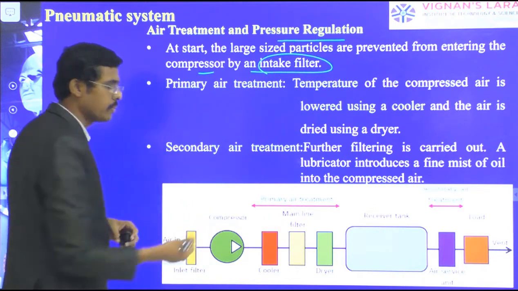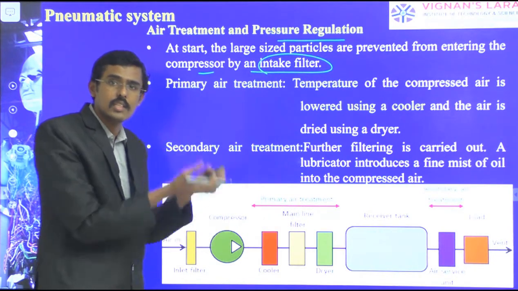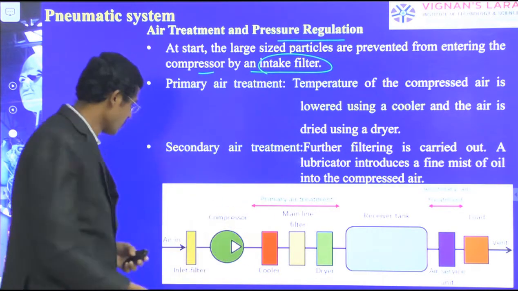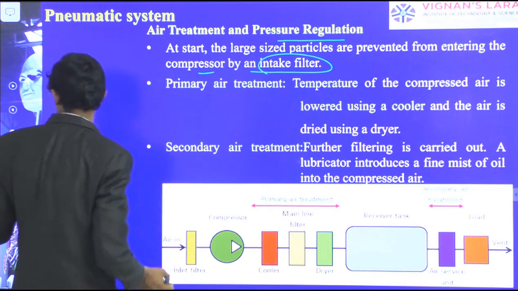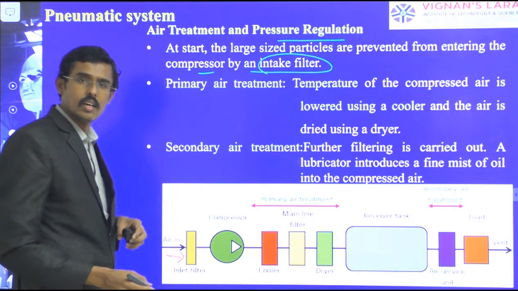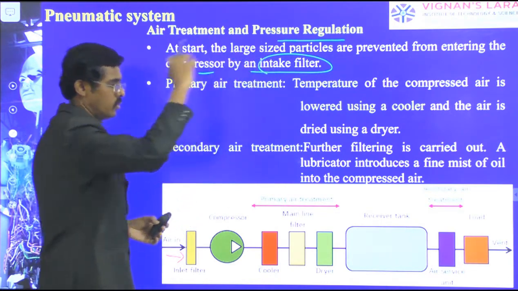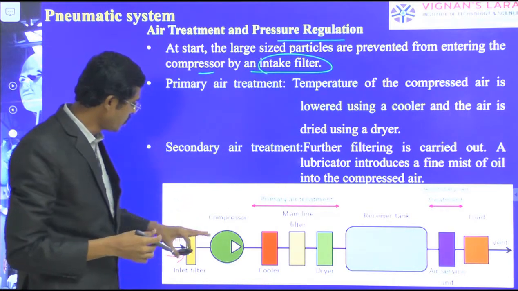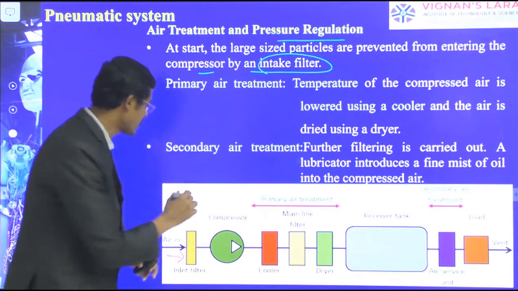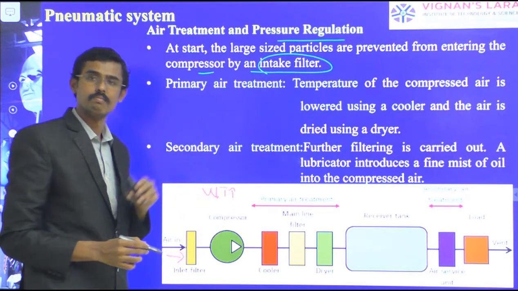Here in this setup you see the points I told earlier: the same filters, separators, dryers will be there. So the inlet filter, first I am taking the filter, the air is coming inside. From the filter, the impurities are filtered out. Then I come to the compressor, where it is stored, with volume reduction and temperature increase, this we know.